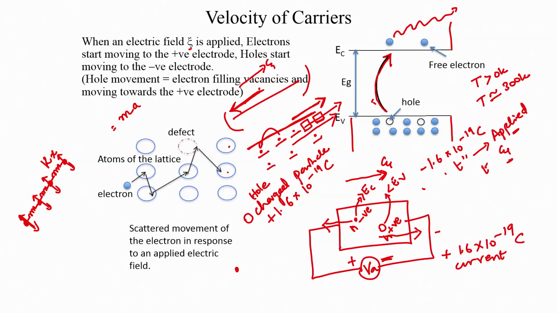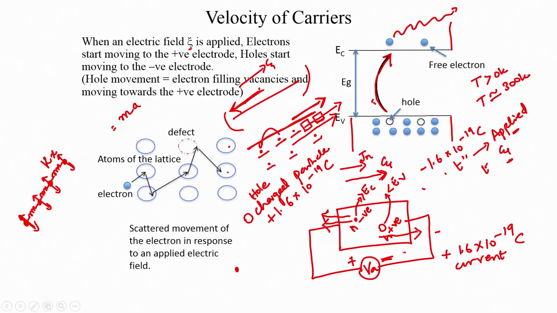So we could treat the holes as particles of positive charge that are running in the opposite direction to the electron, and therefore these two currents would add up. If you look at the effective current, since you have negative charge due to the electrons moving in this manner, you have a current due to electrons moving from the positive side of the battery to the negative side.